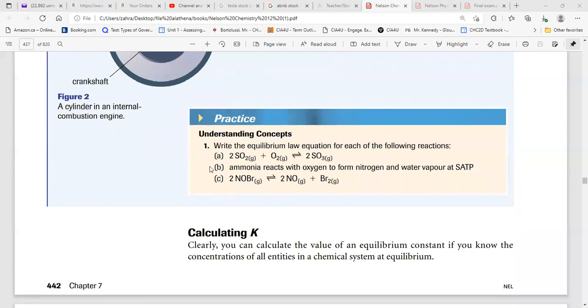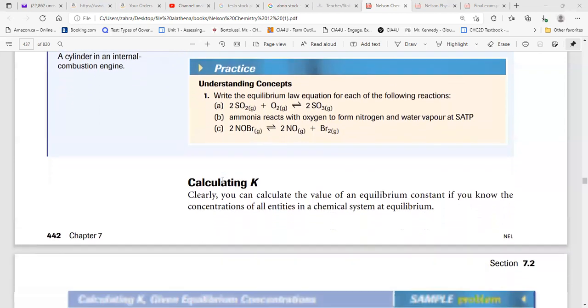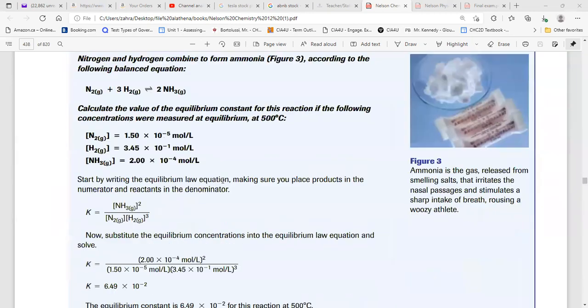Here, the first question is practice. Nitrogen and hydrogen combine to form ammonia. Again, you have the same thing as previously. You know how to establish the K constant. The concentration of each at equilibrium is given to you, so make sure this concentration is at equilibrium when you put it in the K constant.